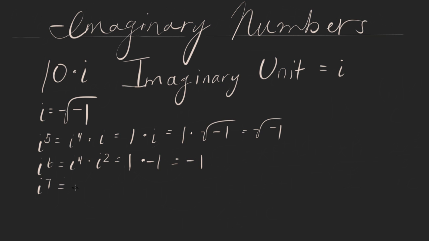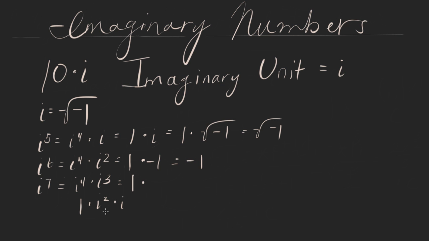i to the 7th power, i to the 4th times i to the 3rd. So we'd have 1 times -1. I'll write this one out. We know that i to the 4th is 1. And i to the 3rd can be divided into i to the 2nd times i.